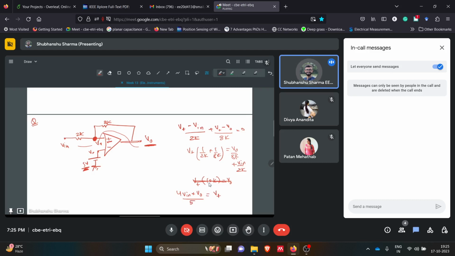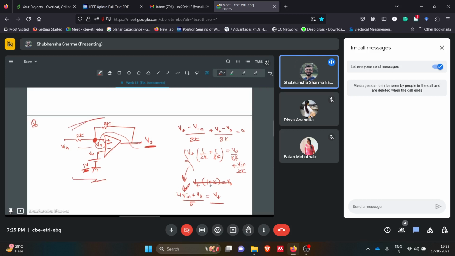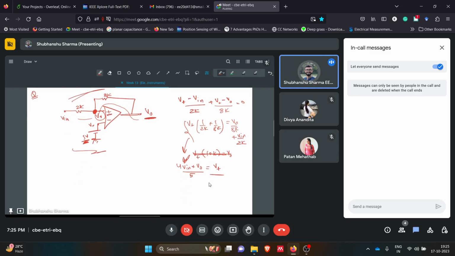The concept is that we have to find an expression of the non-inverting side terminal voltage in terms of V input. Irrespective of whatever elements there are in the negative feedback and positive feedback, we have to just find the expression of V plus. So we got this expression in V in and V naught.